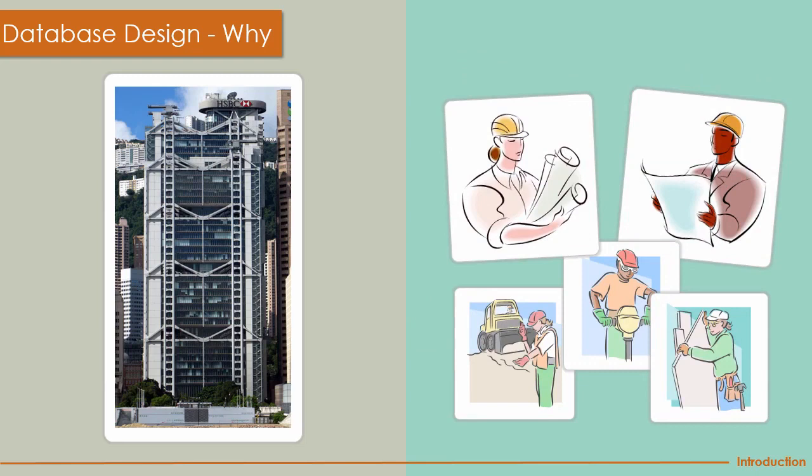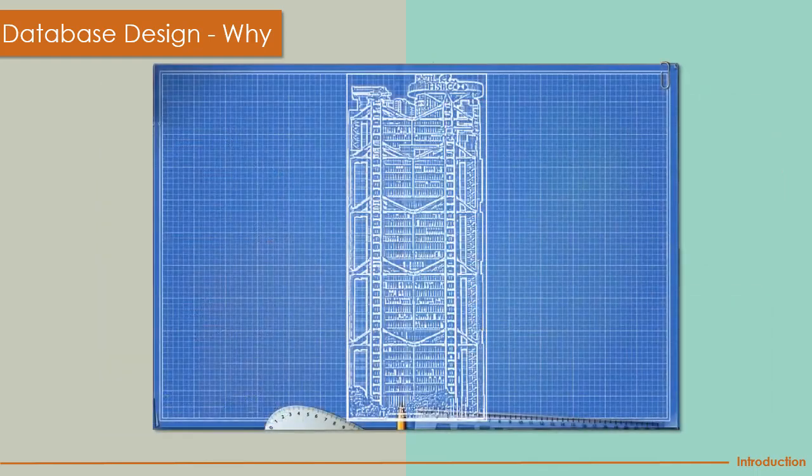You need different disciplines. You need an architect, an electrical engineer, a civil engineer, etc. to work together to build the thing. In this case, you need the blueprint. The blueprint is for all the stakeholders or all the participants to understand what they need to do and what they need to integrate with others.